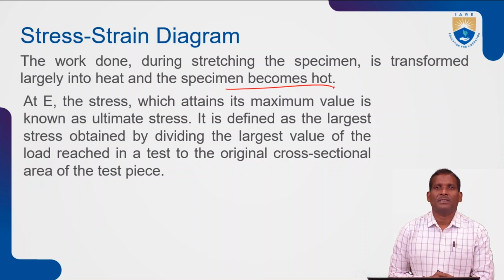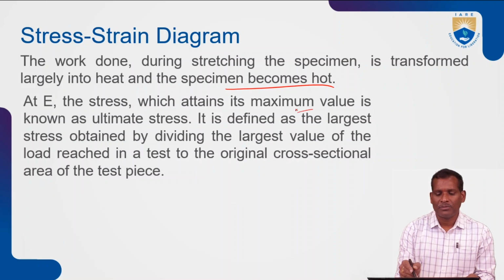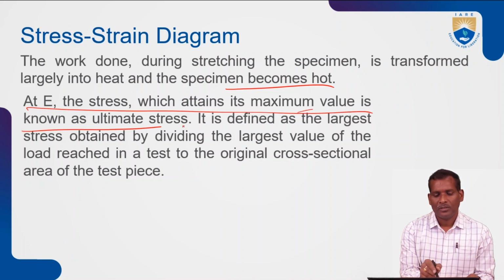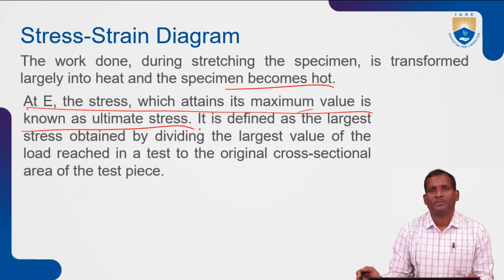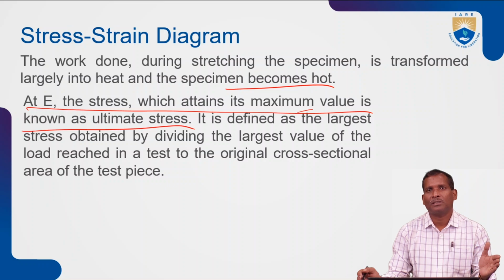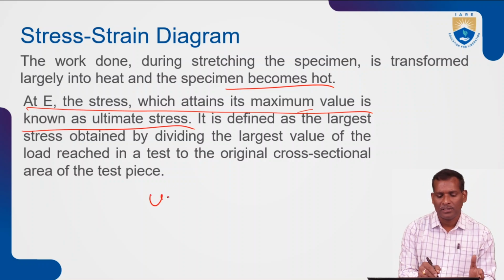At E, the stress attains its maximum value, known as the ultimate stress. It is defined as the largest stress obtained by dividing the largest value of the load reached in a test by the original cross-sectional area of the test piece. So the maximum, largest stress obtained is the ultimate stress.